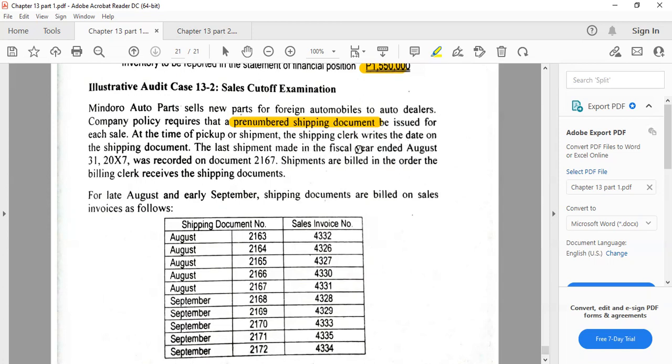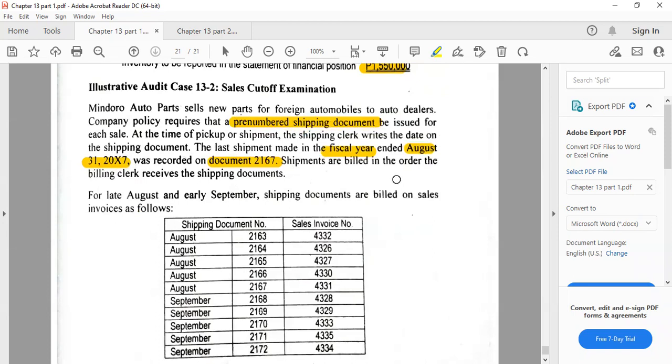The last shipment date in the fiscal year ended December 31, 2017 was recorded on document 2167. So here, Mindoro Auto Parts is using a fiscal year, not a calendar year. So its cut-off is August 31, 2017.